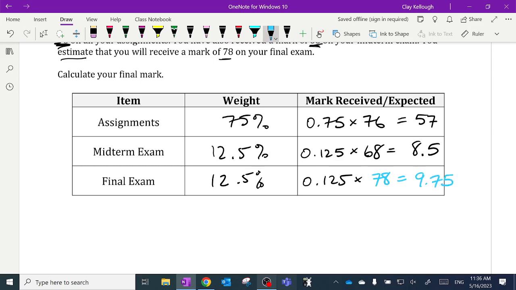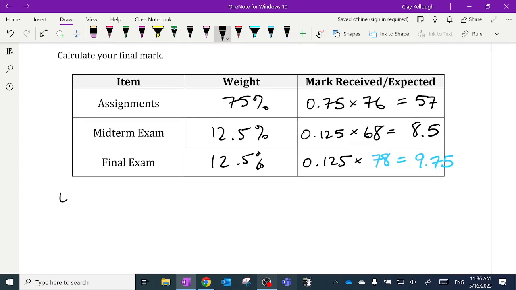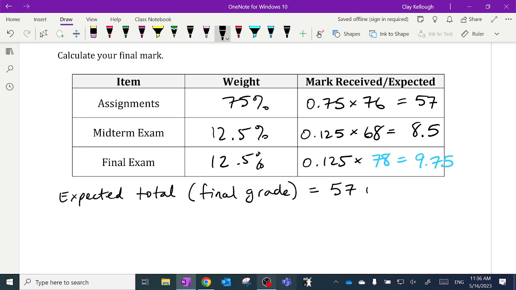So my expected total on this exam, which will be my final grade, is 57 plus 8.5 plus 9.75, which gets me, add that up, exactly 75%.